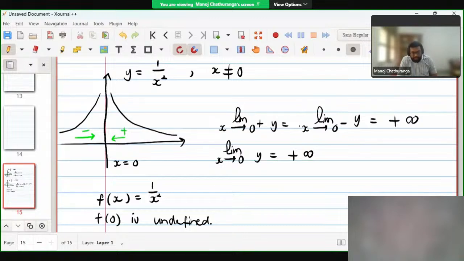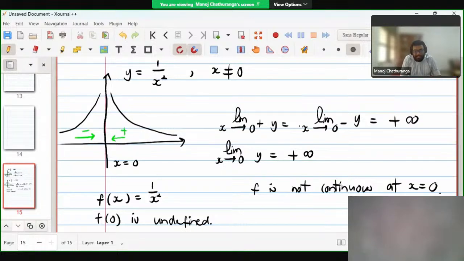For this reason, even though the two-sided limit exists, the function has no meaning at that point. For this reason, f is not continuous at x equals 0.